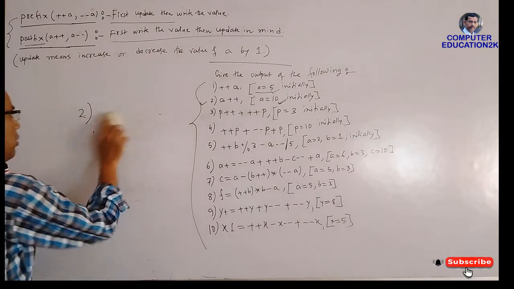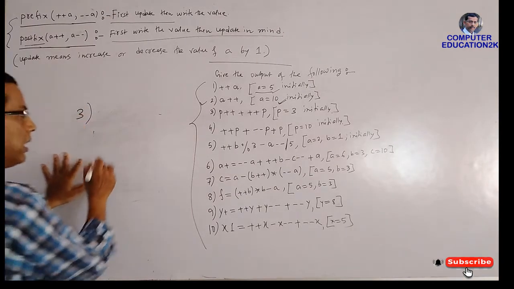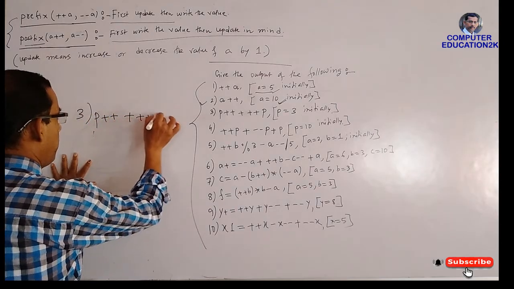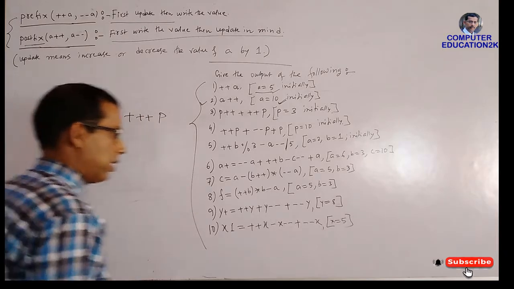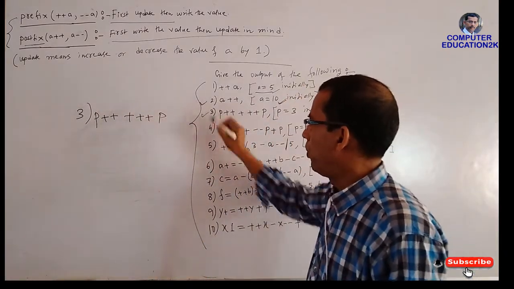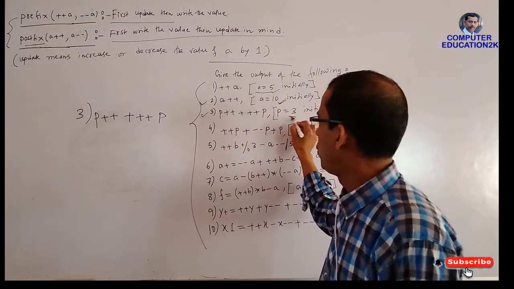Now see number 3. Number 3 is given: p plus plus p. You have to find out the output of this expression. The value of p is 3 initially.